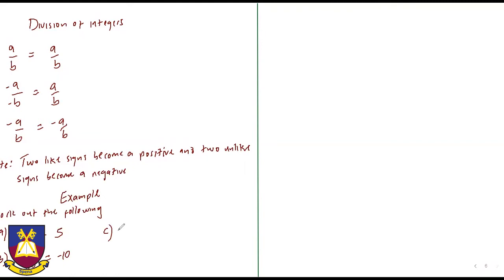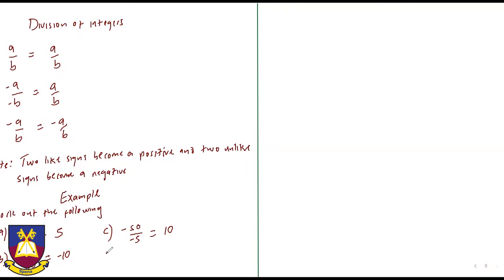If I had maybe negative 50 out of negative 5, a negative divided by a negative is a positive. So the idea still works. When the signs are the same, it's always positive. When the signs are different, it's always negative.